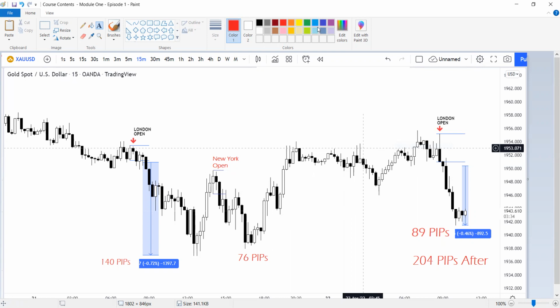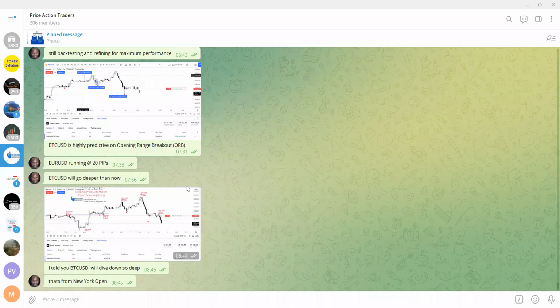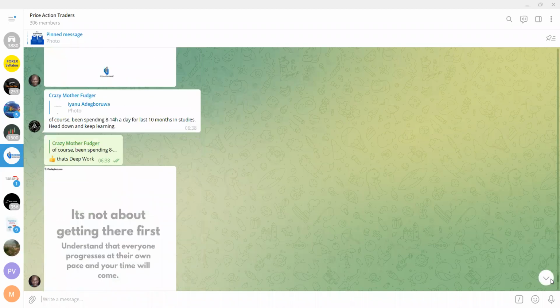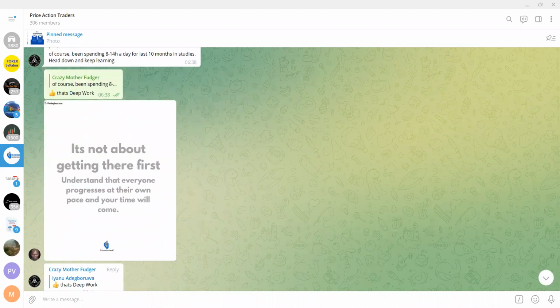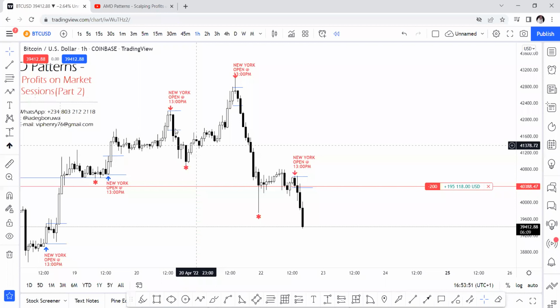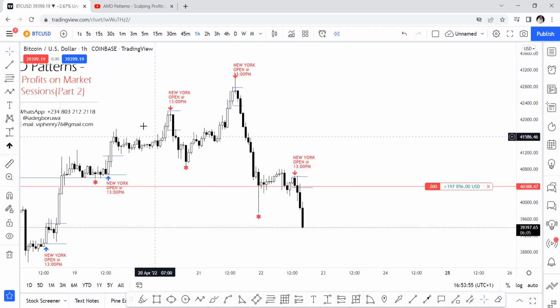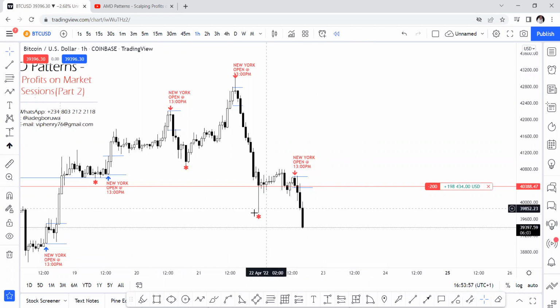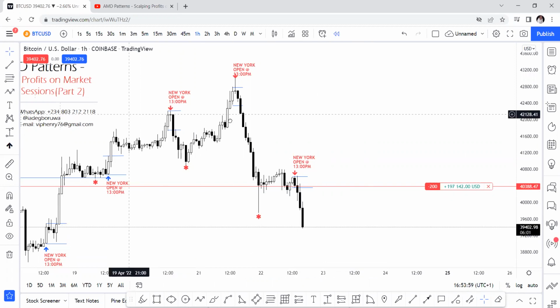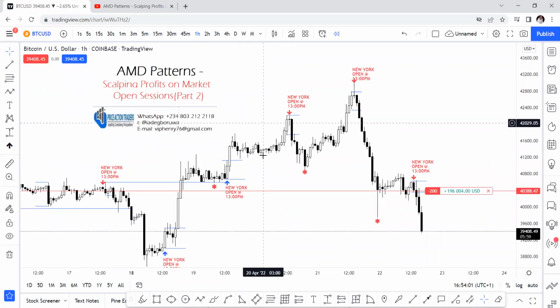Then on Euro USD, which I share on my DC, we got some good pips. Well, let me use TradingView. On Euro USD, you're going to see, wow, Bitcoin is moving massive, massive.